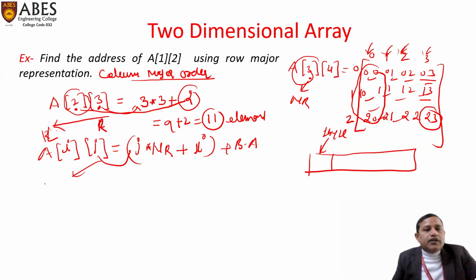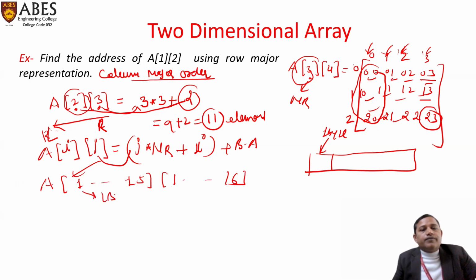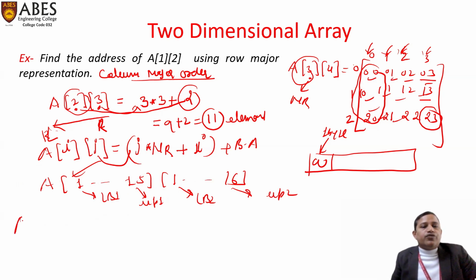And now again, if your array is represented like this, this is your lower bound 1, this is your upper bound 1, this is your lower bound 2, and this is your upper bound 2. And suppose one cell takes W bytes to store an element. So what is the formula to find the address of ith row and jth column of a matrix of size NR into NC?